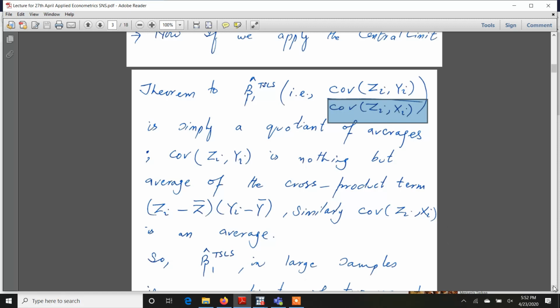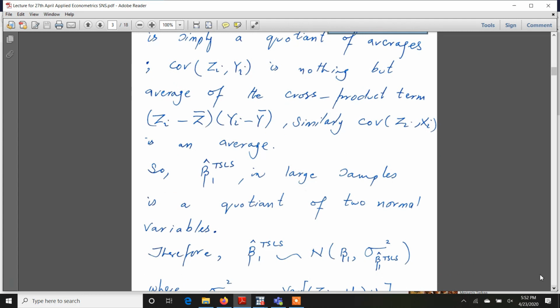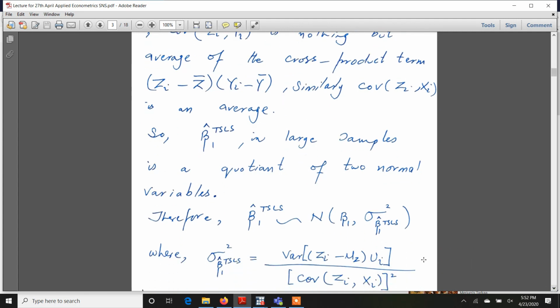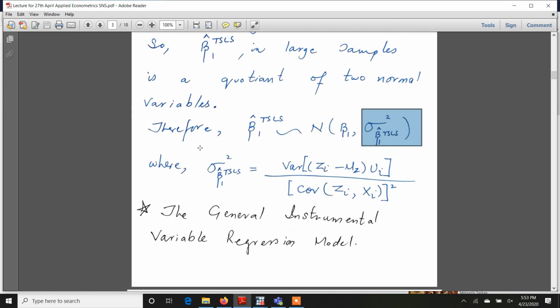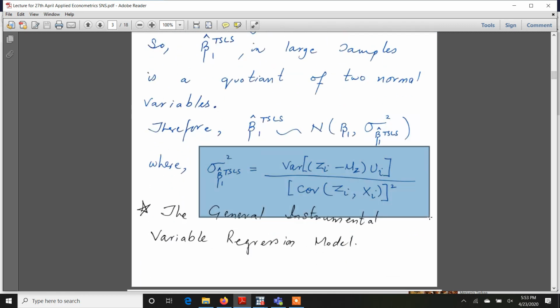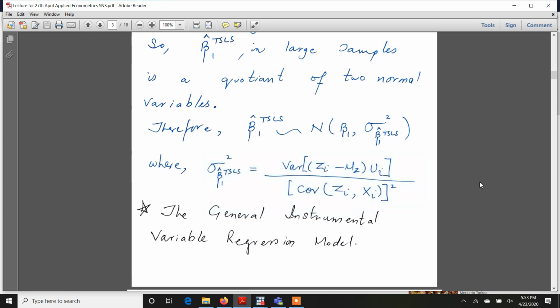So beta 1 two-stage least squares in a large sample follows a normal distribution with mean beta 1 and variance equal to this expression, where this expression for sigma square is given by this formula, which we covered in the last video lecture as well, that I referred to right in the beginning of the video.